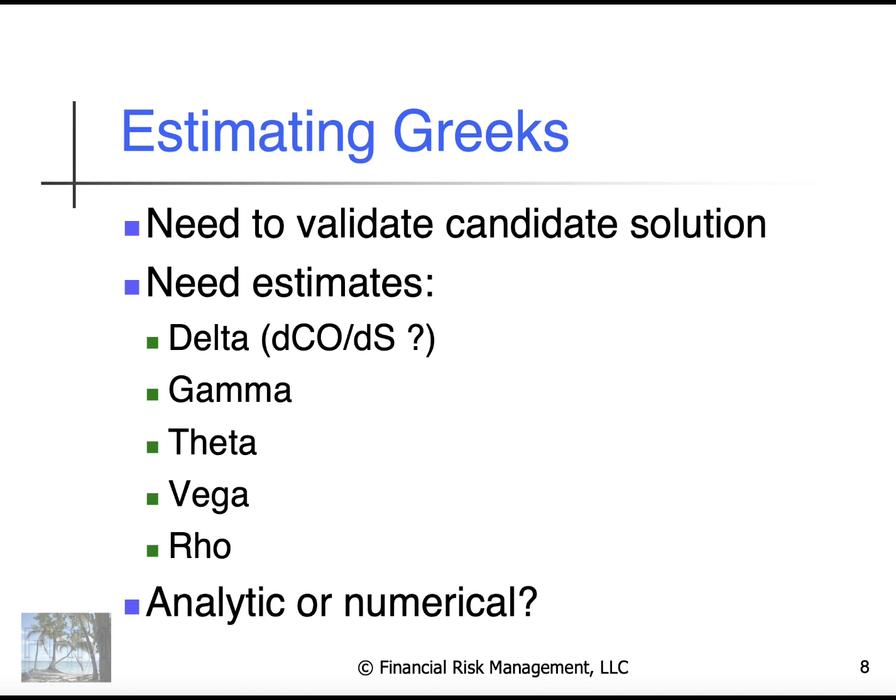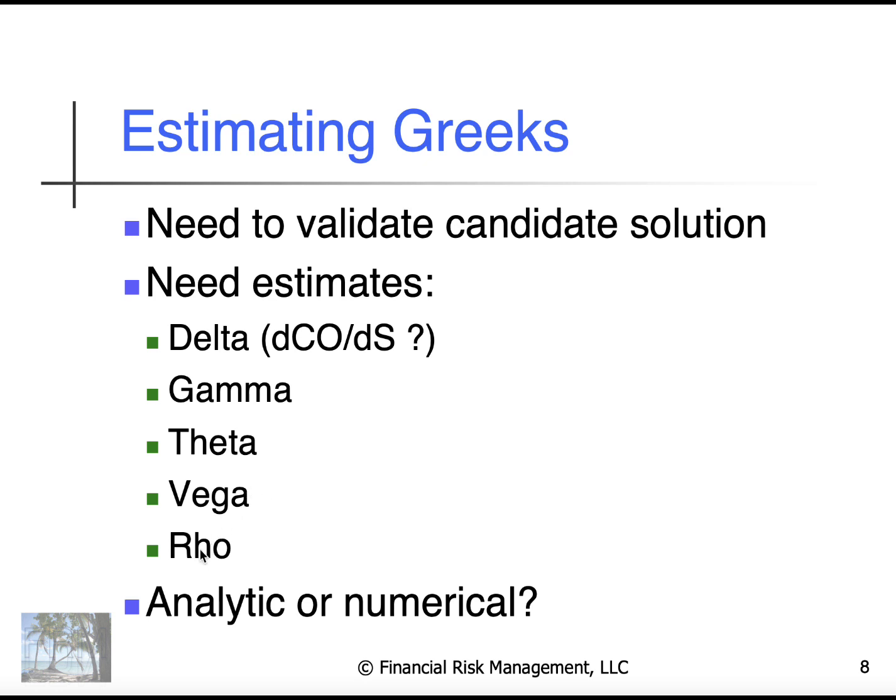So we estimate Greeks in option valuation very often. We need the delta, gamma, and theta to validate the PDE, if it's a reasonable solution. We could estimate the delta of that compound option and the gamma and the theta. Vega, recall, is a sensitivity to changes in volatility.